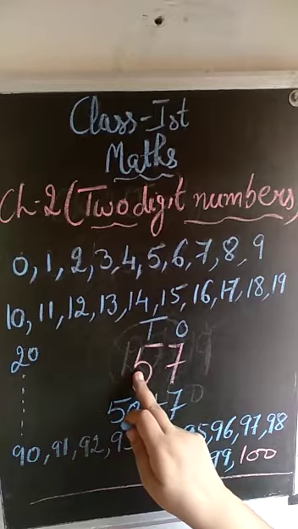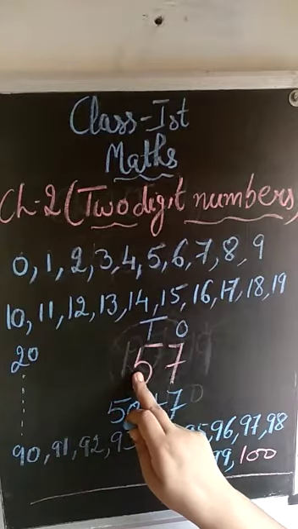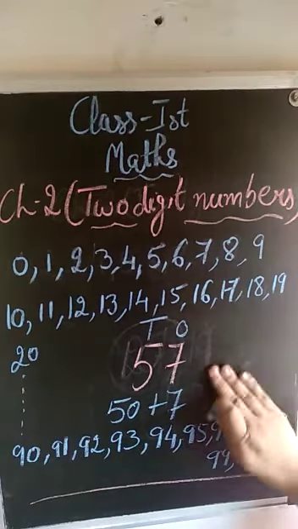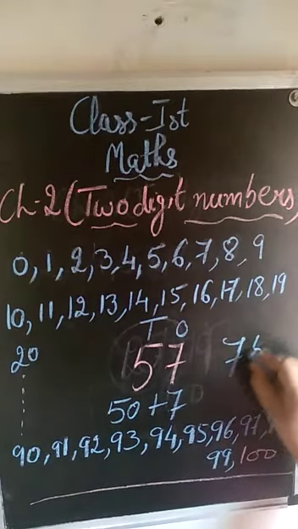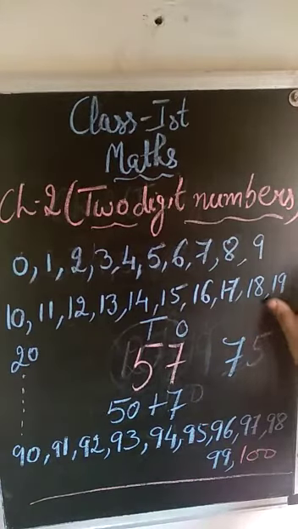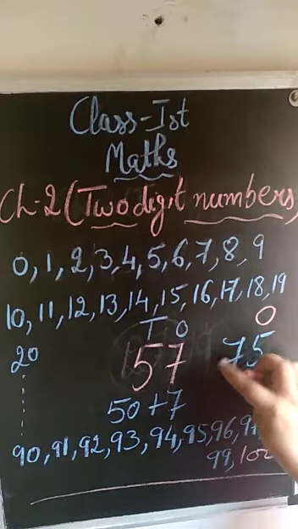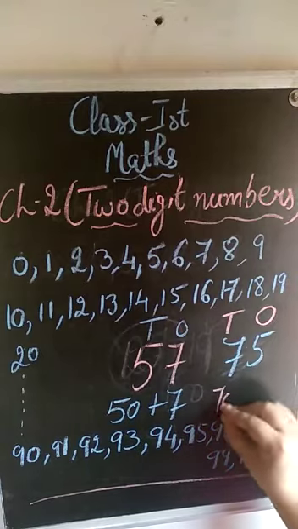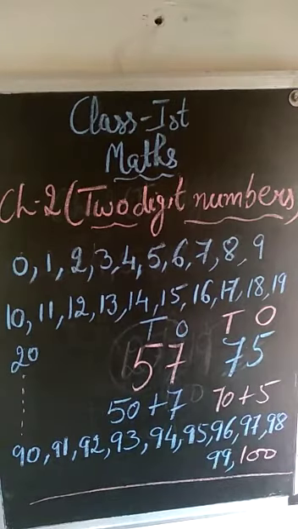As I have 5 here, its value will be 50, not 5. But if I write 75, here the 5 will be 5, but the value of 7 will become 70. Its value will become 70 plus 5.